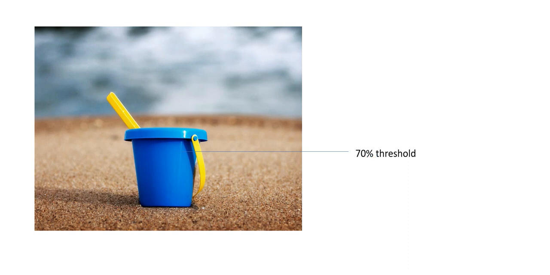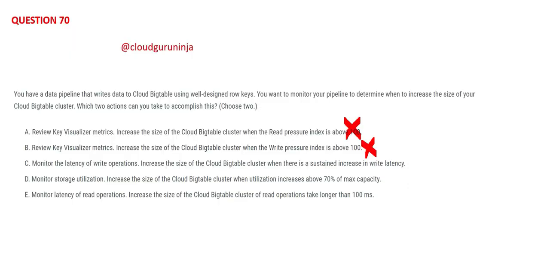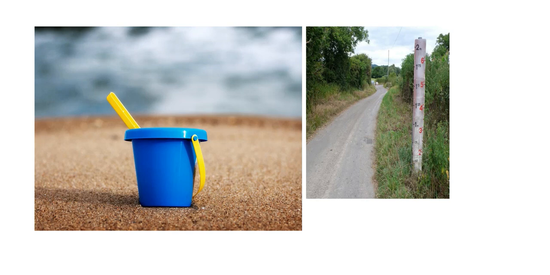So this is the solution. At 70% you should come to know. So at 70% of the max capacity, it will monitor the storage utilization. How will it monitor? It will use such yardstick, this one you see here, and keep seeing, okay, did the level come to this point or not.